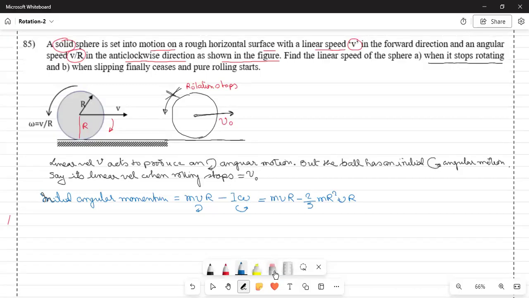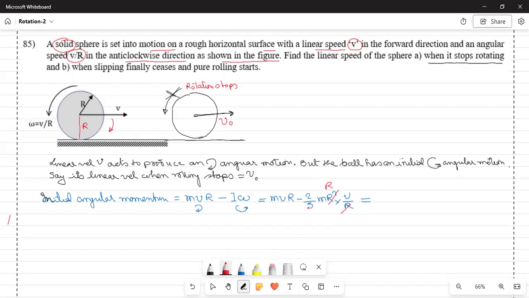Omega is equal to v by r, so I omega is 2 by 5 mr square multiplied by v by r. Here r and r square get cancelled, and we have only one r left.